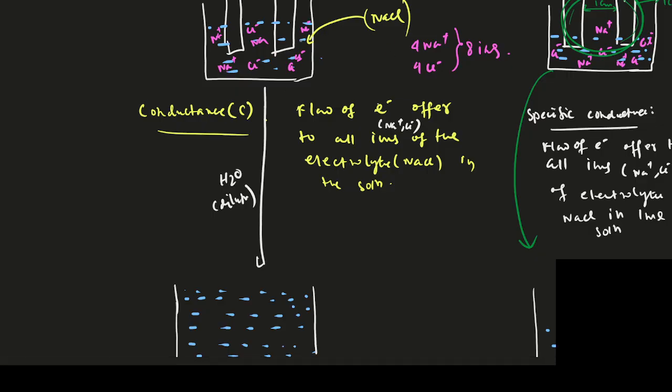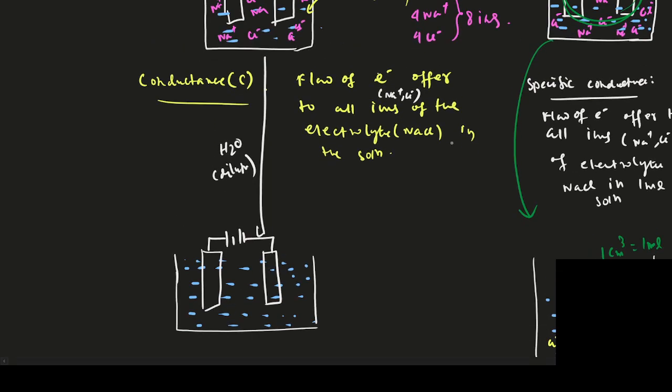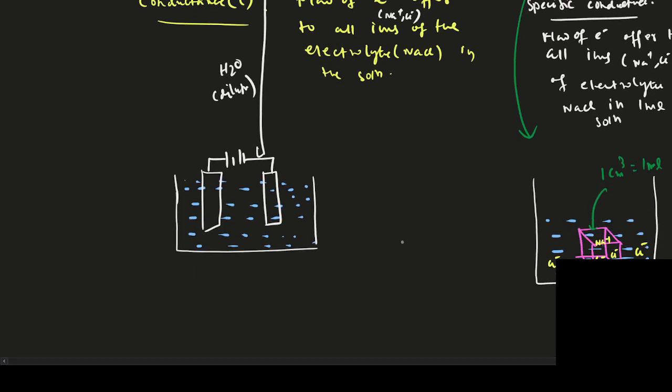I'm just adding water only. So the number of electrolytes, meaning the number of ions of the electrolytes, is the same. I add only water, but the number of ions is the same.